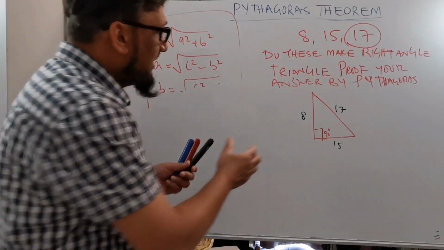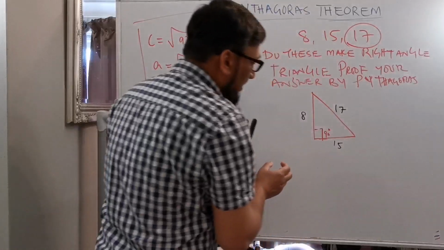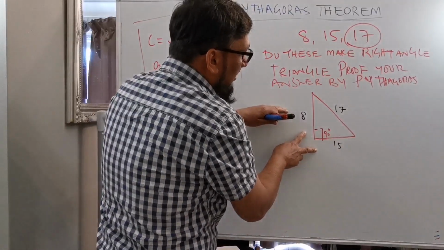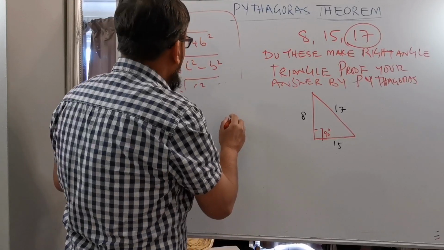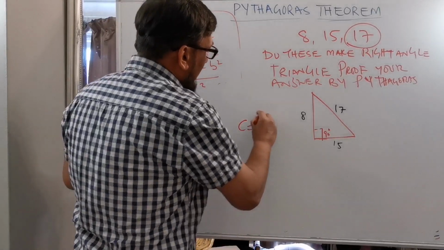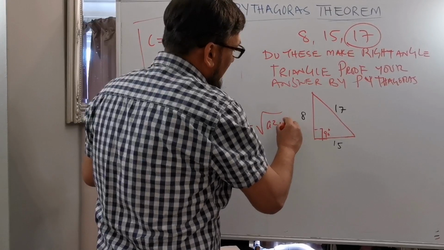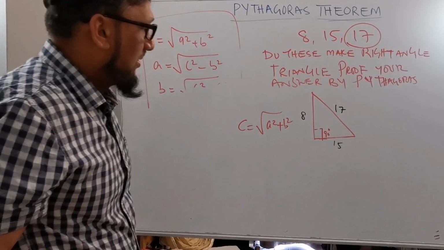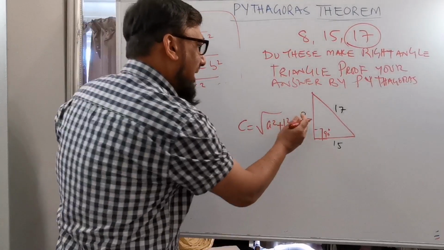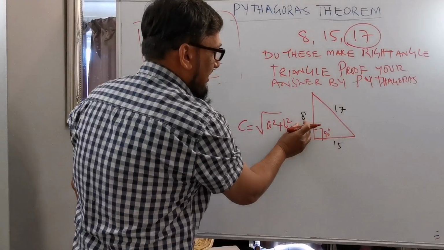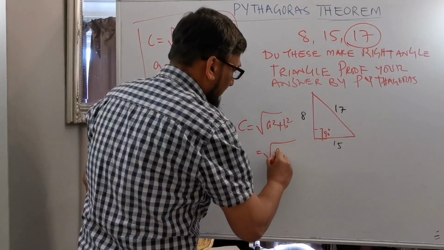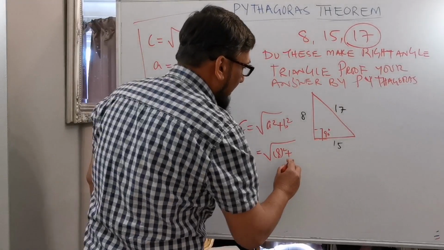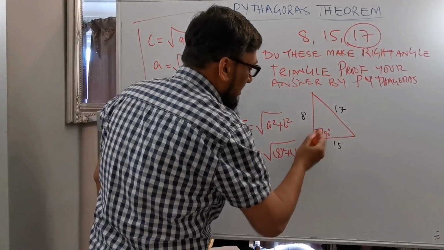We need to find, as per Pythagoras, C equals the square root of a square plus b square. The value of a is 8 and the value of b is 15.